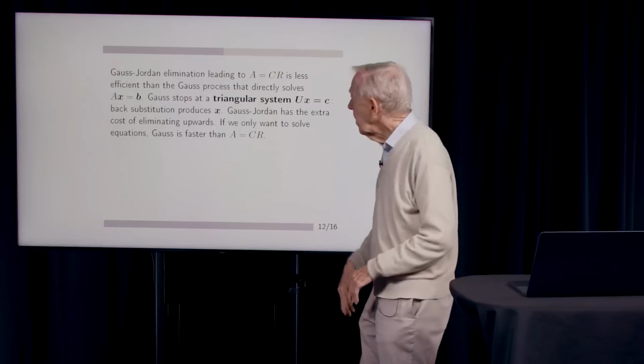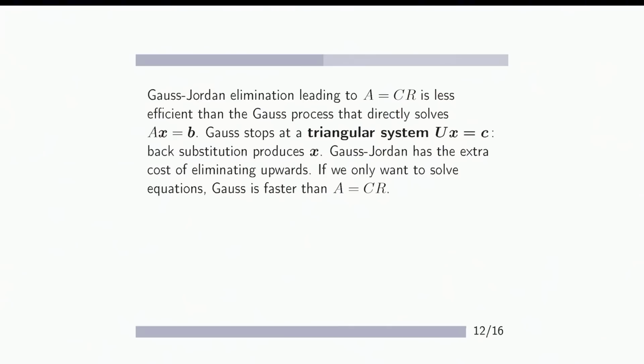Okay. So here's a comment that I have just been making. The method that we pushed all the way to get the identity matrix is not as efficient as Gauss. Gauss, the greatest mathematician of all time, knew enough to stop when the matrix was triangular. Instead of getting to a matrix that could well be diagonal, he doesn't do the subtractions from upper rows.